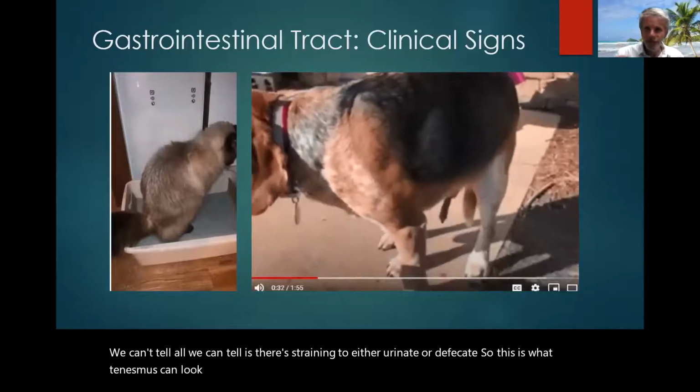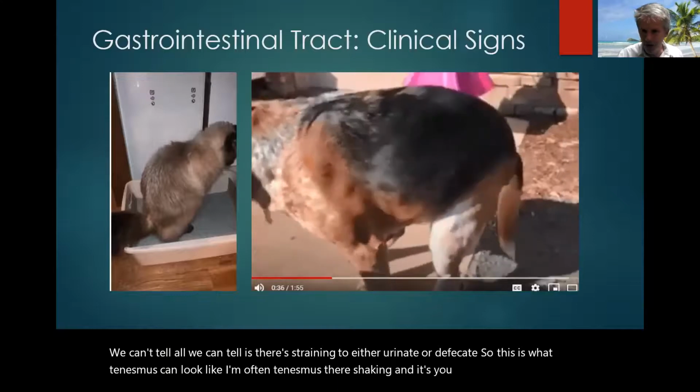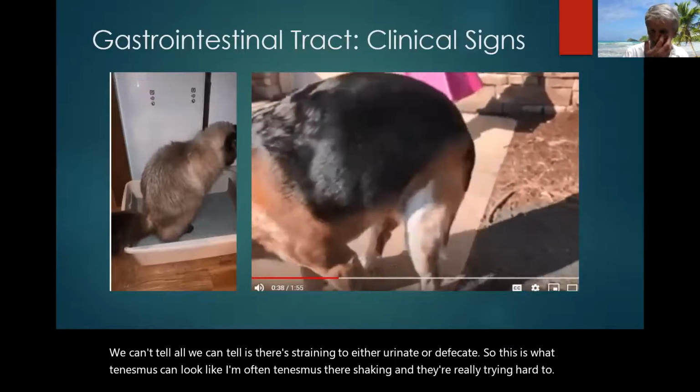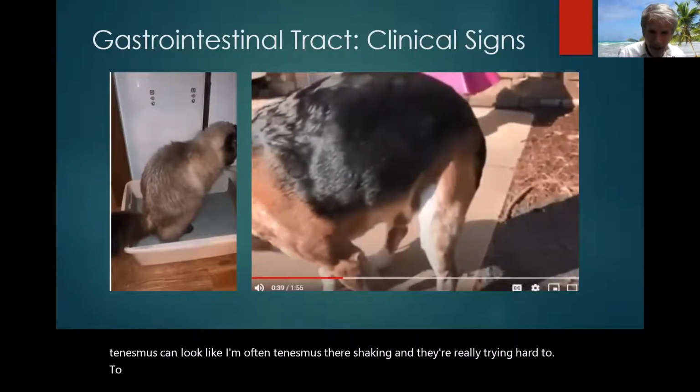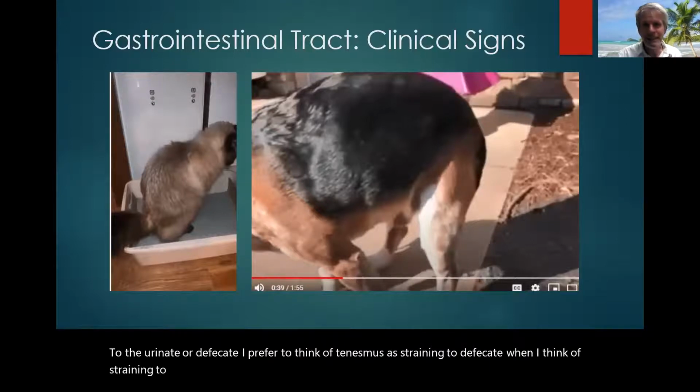Often with tenesmus, they're shaking, and they're really trying hard to urinate or defecate. I prefer to think of tenesmus as straining to defecate. When I think of straining to urinate, I prefer terms like dysuria and stranguria, but the book describes tenesmus as either one.